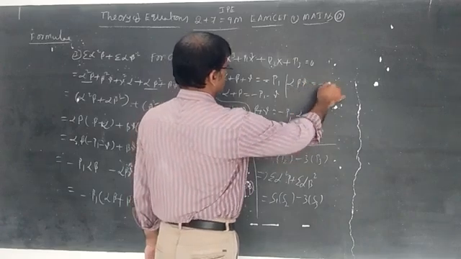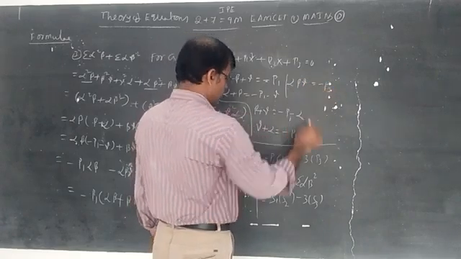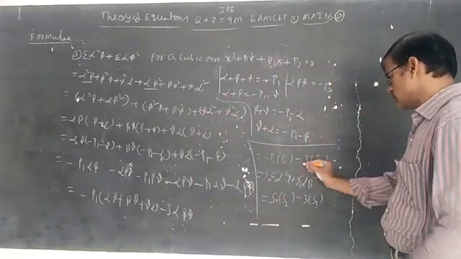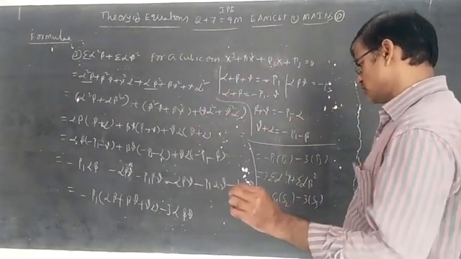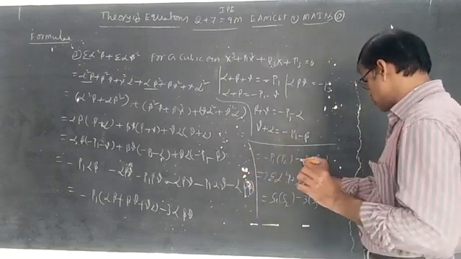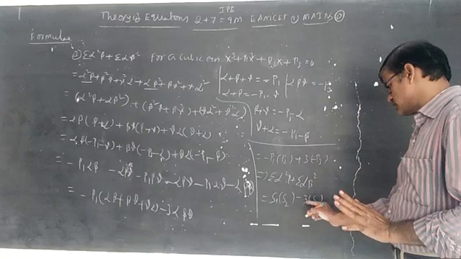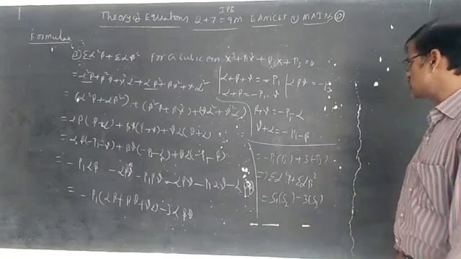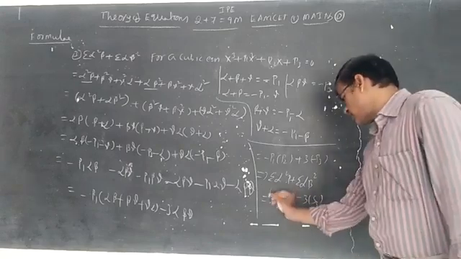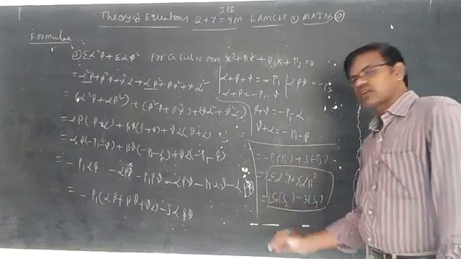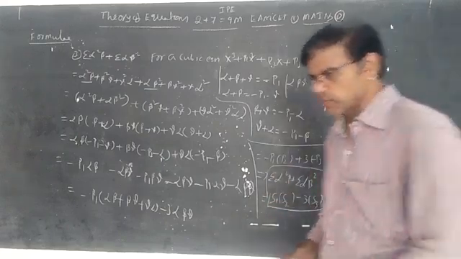Alpha beta gamma means minus p3. So the formula is s1 s2 minus 3 s3, which is useful for IPE and objective also.